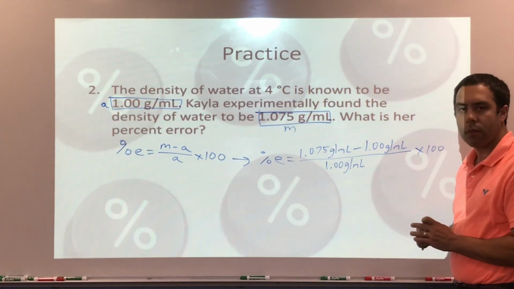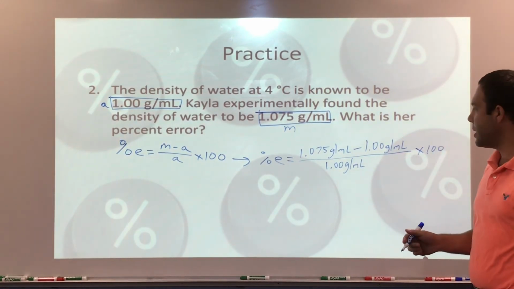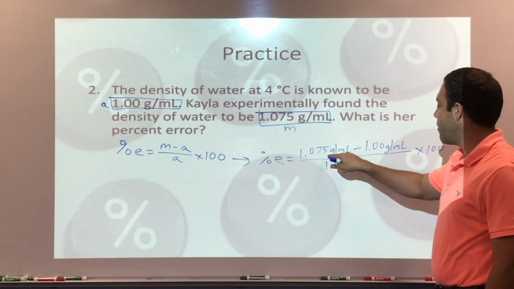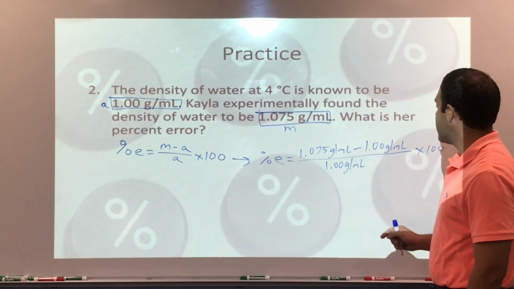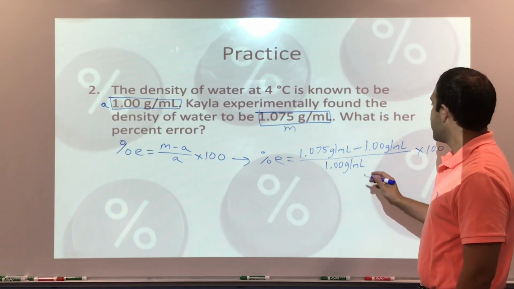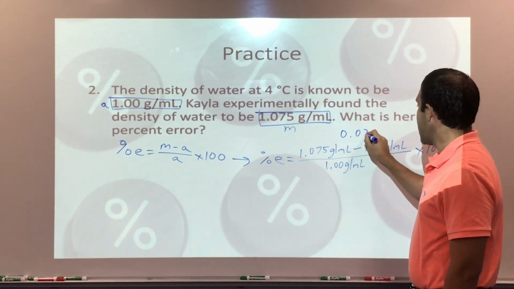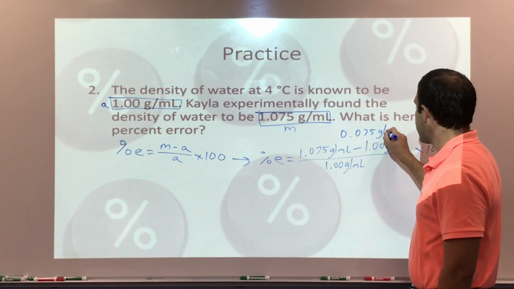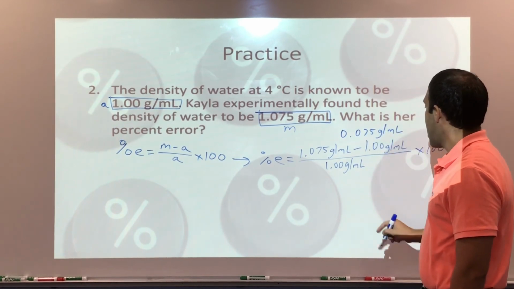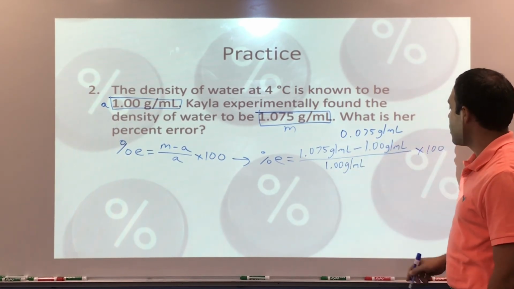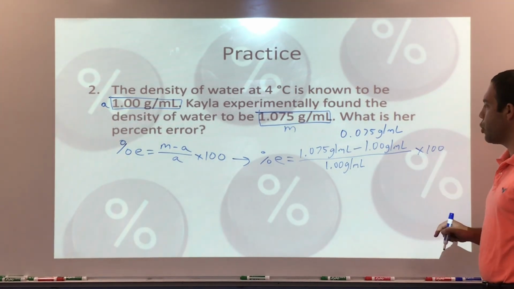Again, take it step by step. 1.075 grams per milliliter minus 1.00 grams per milliliter is going to give you 0.075 grams per milliliter over 1.00 grams per milliliter times 100.